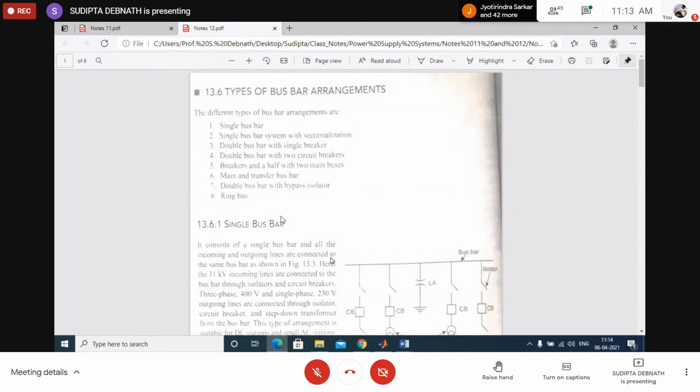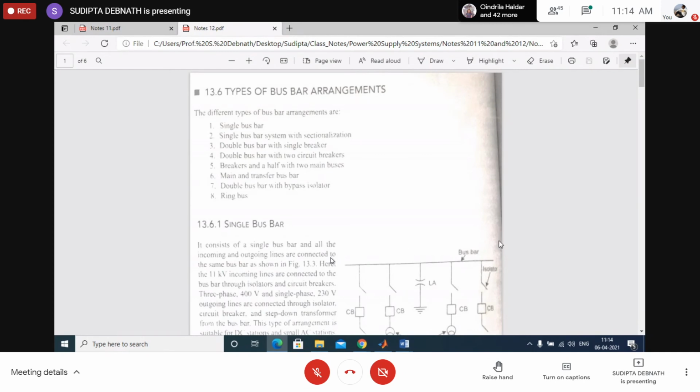The question will be given, for example: draw breaker and a half with two main buses, double bus bar with two circuit breakers, double bus bar with bypass isolator. Maybe in some books we will find some different names. These are not very general names, but the types you can get from any book.